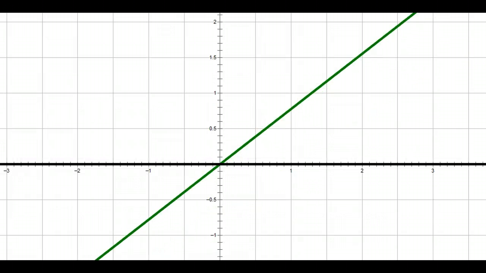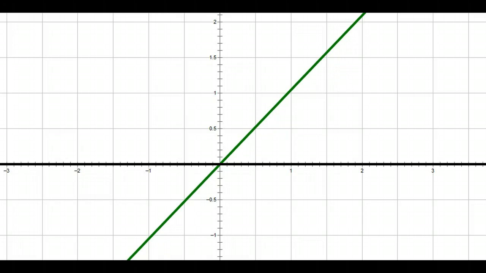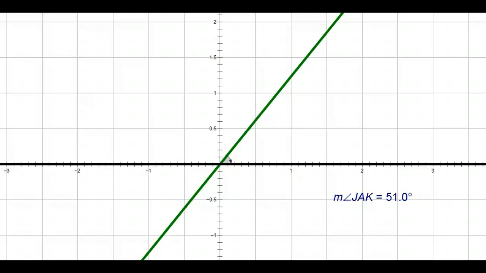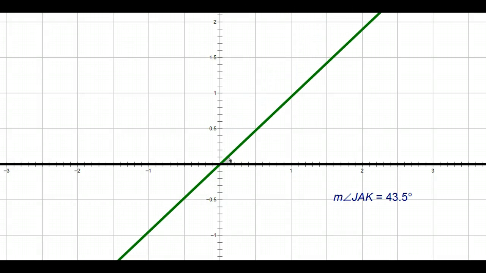So as I move the line, as you can see, the angle is changing. If I take a look at this actual angle, it has an angle measurement, and as I move the line, the angle measurement changes based off the degree of rotation from the x-axis.